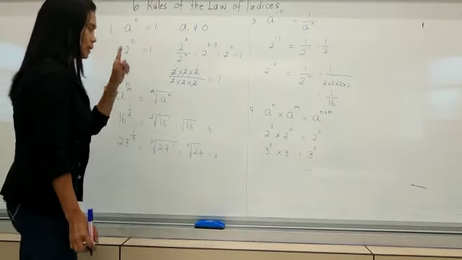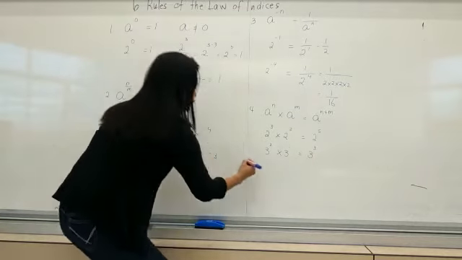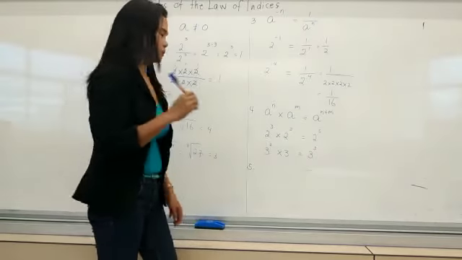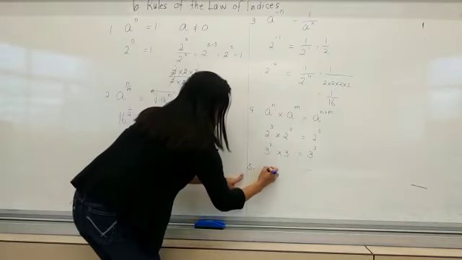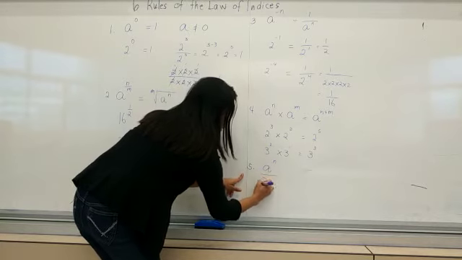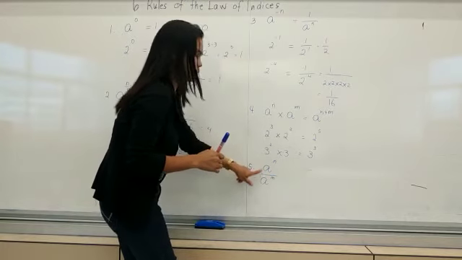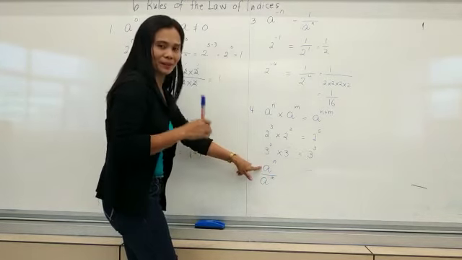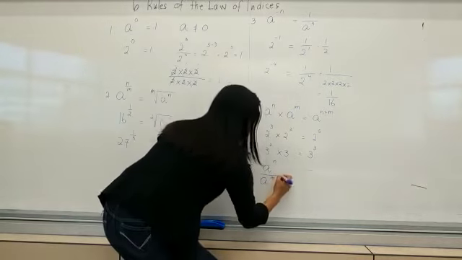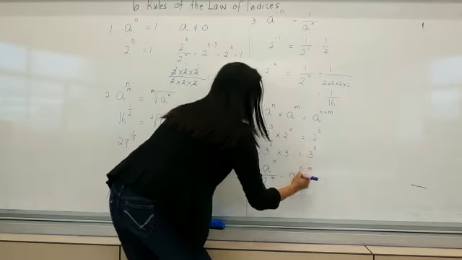Okay, so we have the fifth one. The fifth one is the division rule. The division rule is a to the power of n divided by a to the power of m. It states that if you have the same base at the numerator and at the denominator, you need to subtract their exponents. So we have a to the power of n minus m.